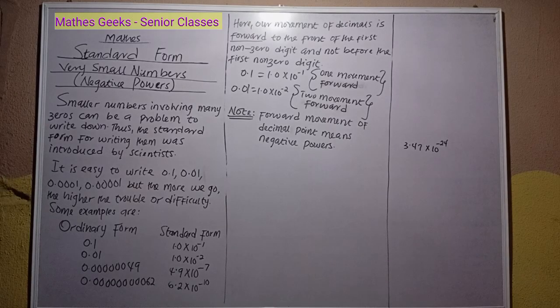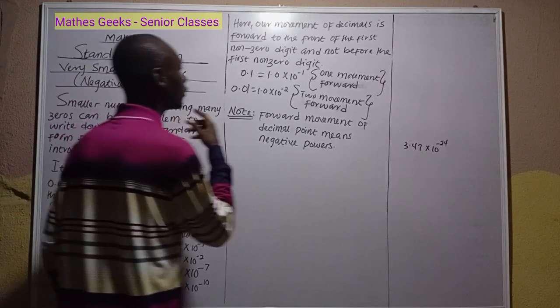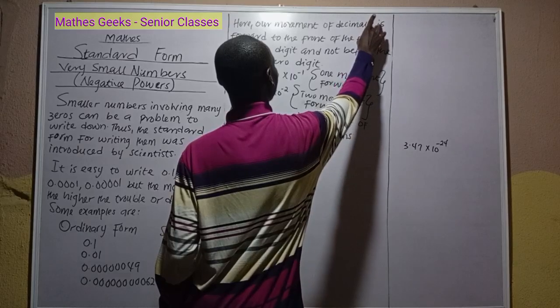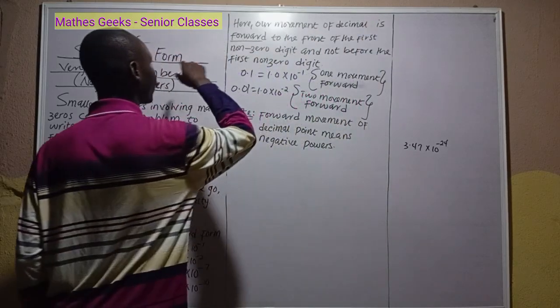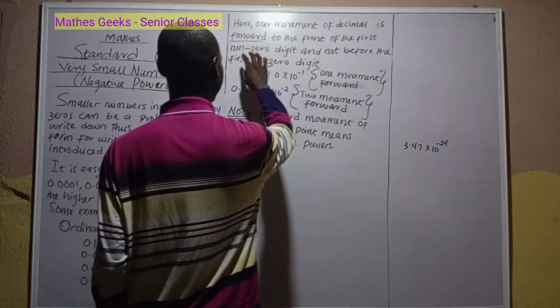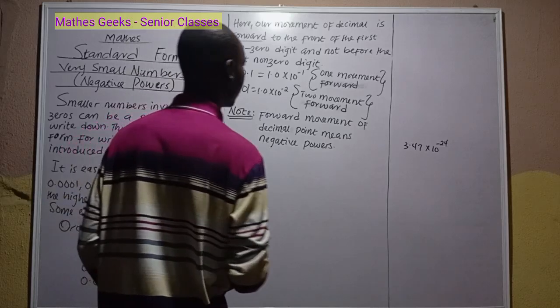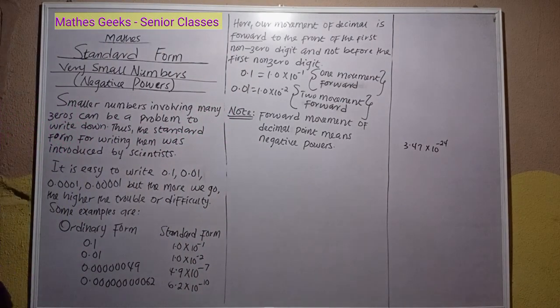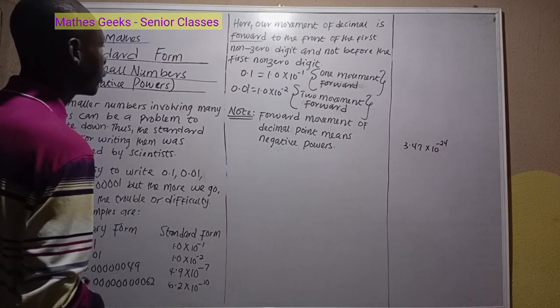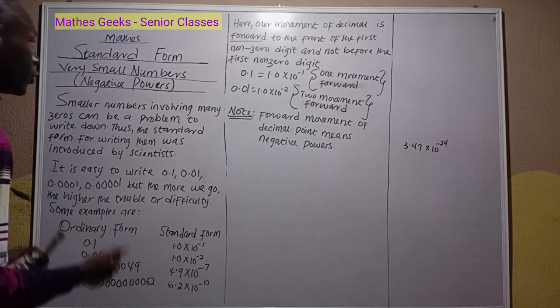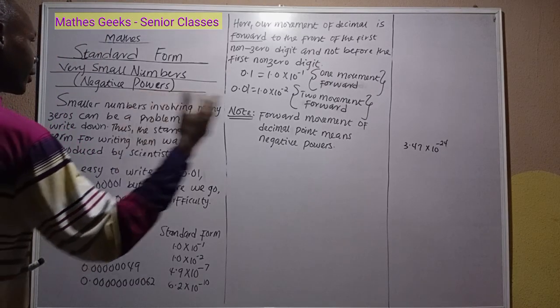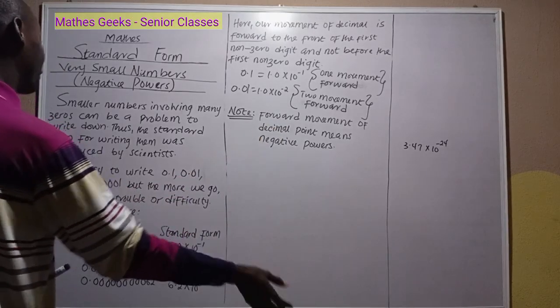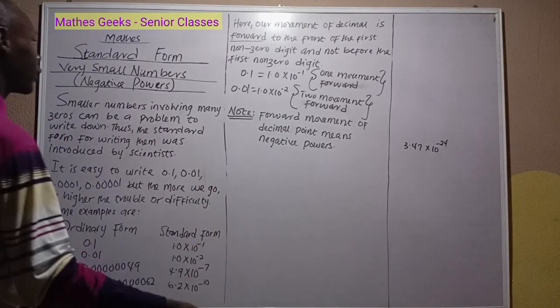So how do we write small numbers in standard form? Here our movement of the decimal is forward, to the front of the first non-zero digit and not before it. In the other video, where I talked about the movement having to start from the last point, you make your movement backwards.